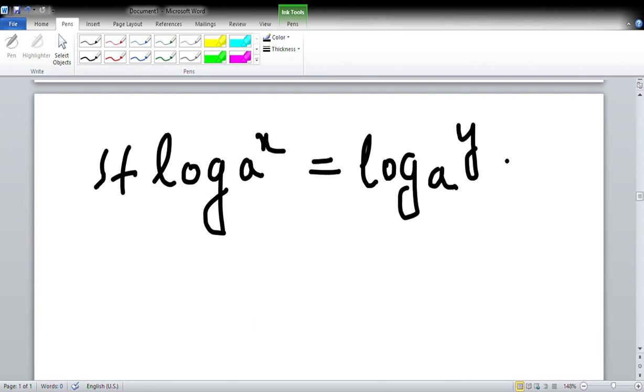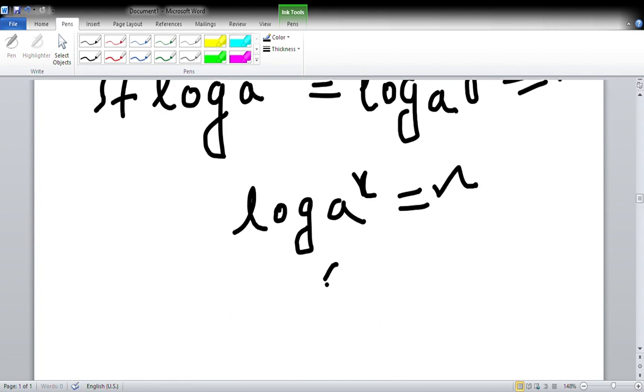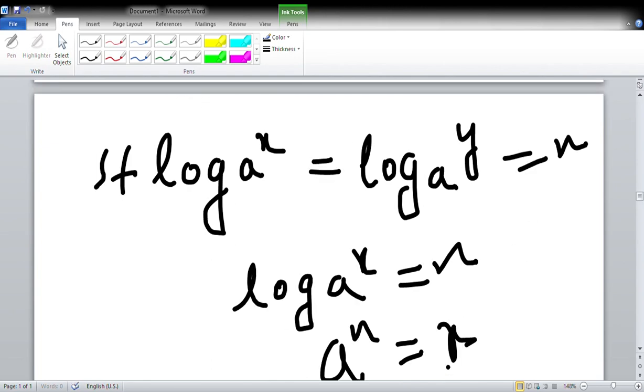Suppose you take it as n. So log of x with the base a is equal to n. That means a to the power n is equal to x. Again log y with the base a is equal to n.